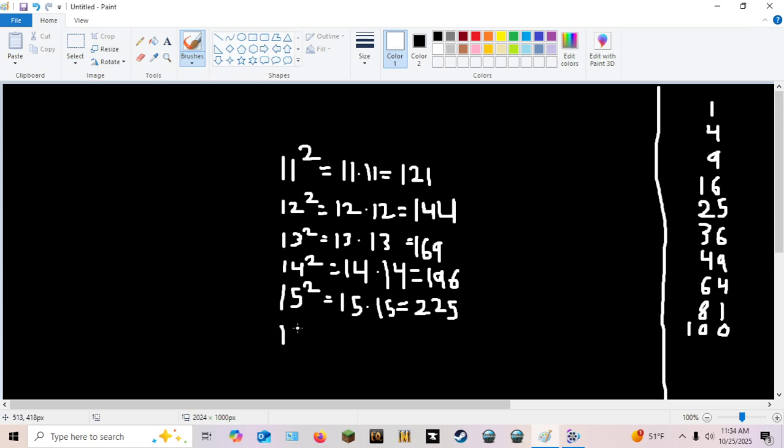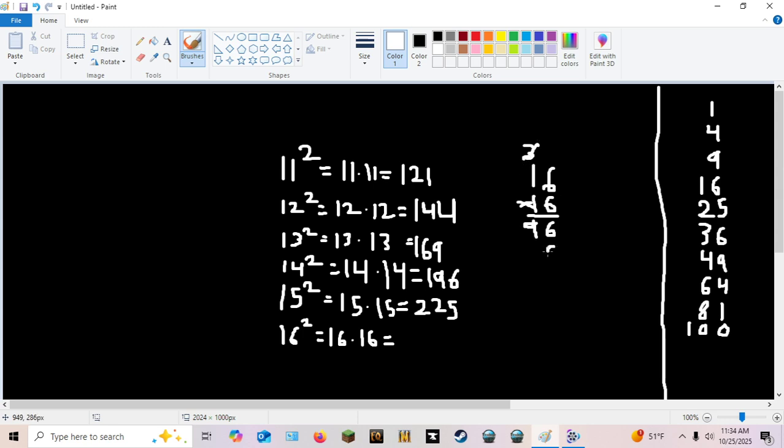Now 16 squared is equal to 16 times 16 equals what? Gotta do the standard algorithm. 6 times 6 is 36. Now 6 times 1 is 6 plus 3, which is 9.